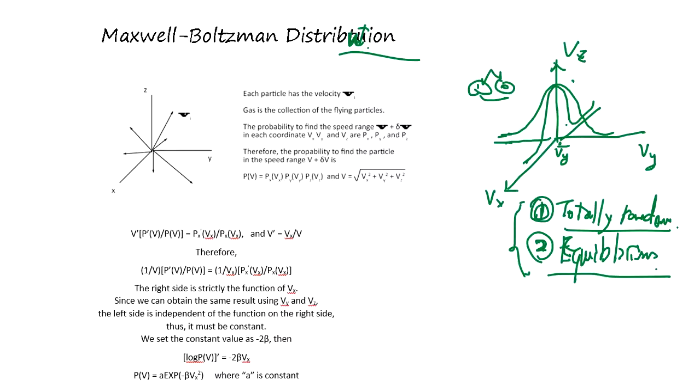Suppose the total 3D distribution is P(Vx)P(Vy)P(Vz), totally independent in each direction. V is the vector length. This is the probability distribution of velocity, what kind of speed the molecule has, and you make a probability function.